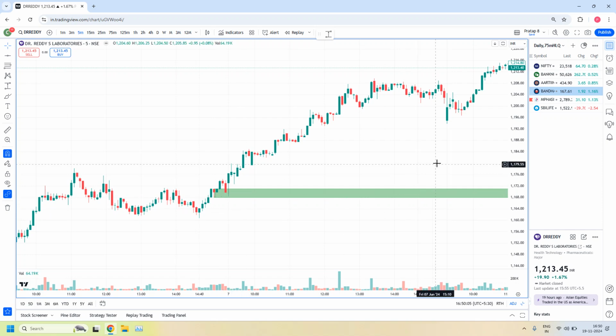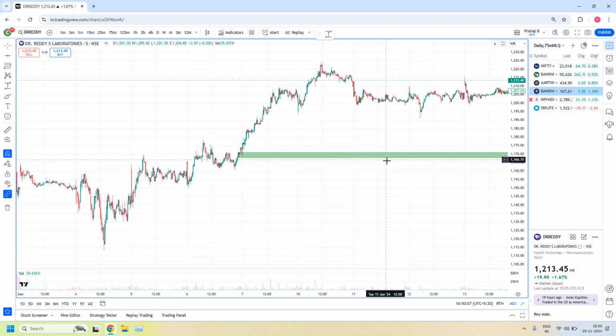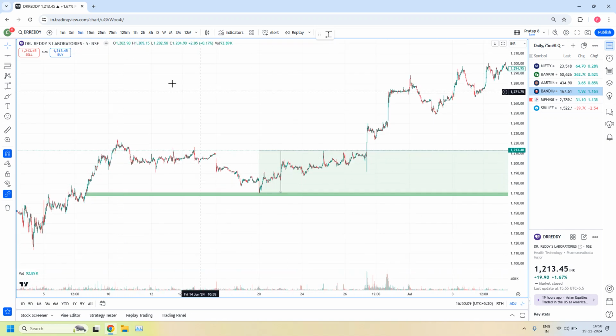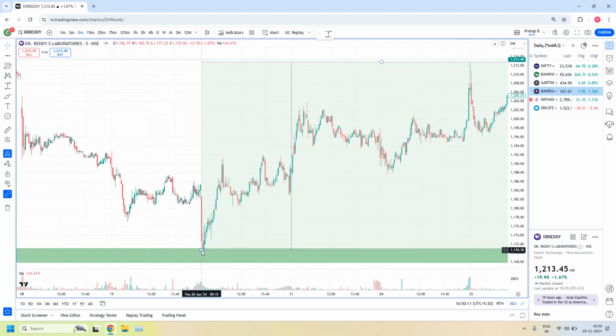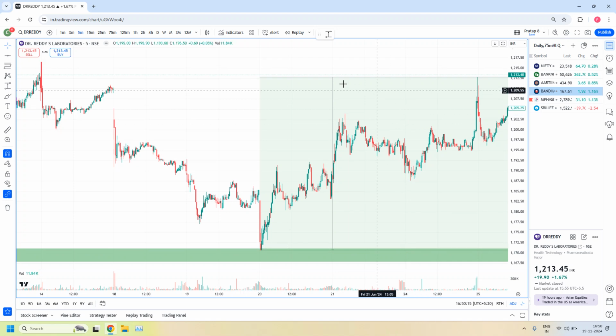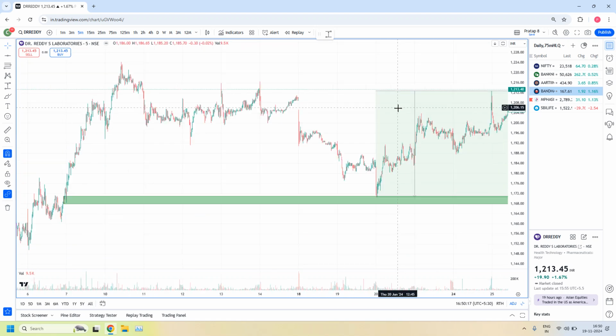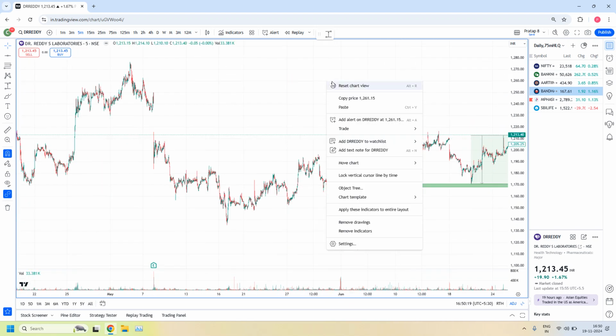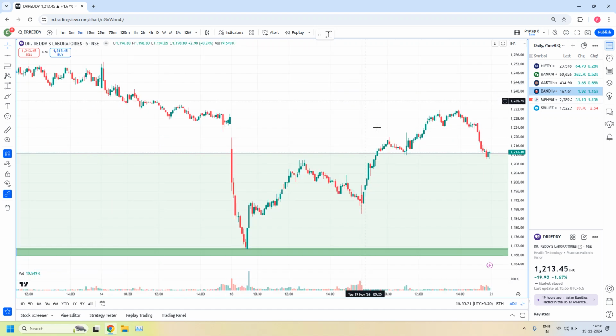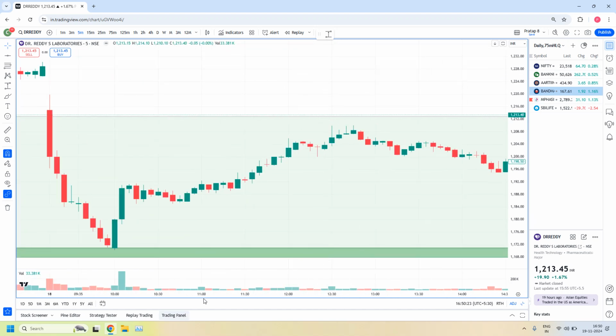All three are overlapped with the daily zone. See here, it picked up the orders from this 5-minute zone, and the entire daily zone was created. Now look into the recent data. See here, exactly, it touched this zone and started moving up.